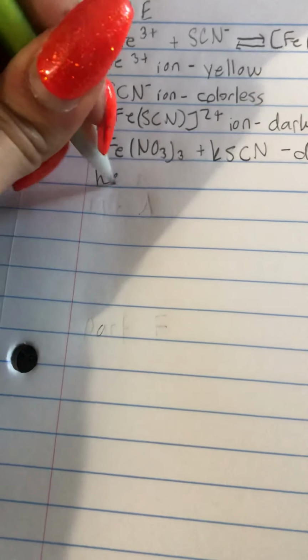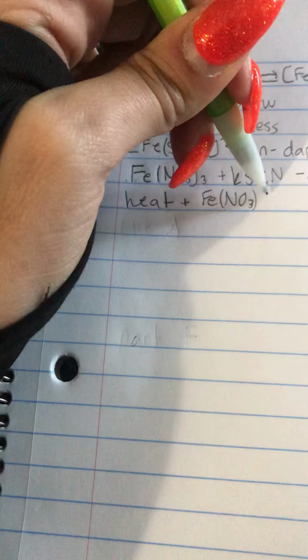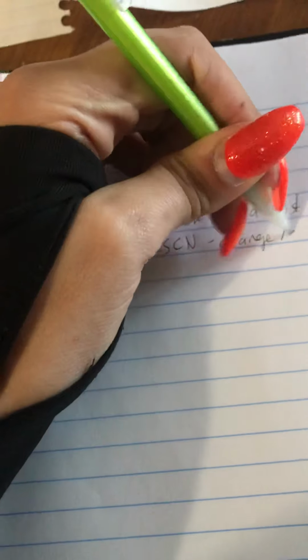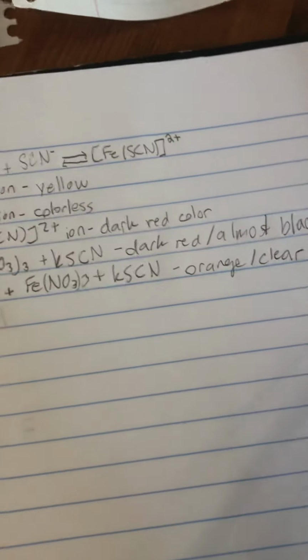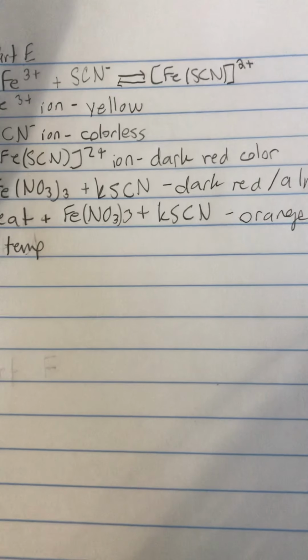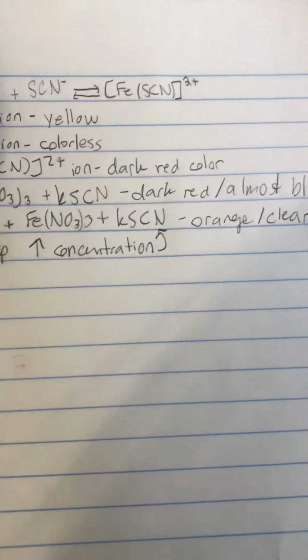So when heat was added to FeNO3 plus KSCN, the solution turned an orange clear color because the temperature was increased, which increases the concentration of the reactants. This is from jove.com.